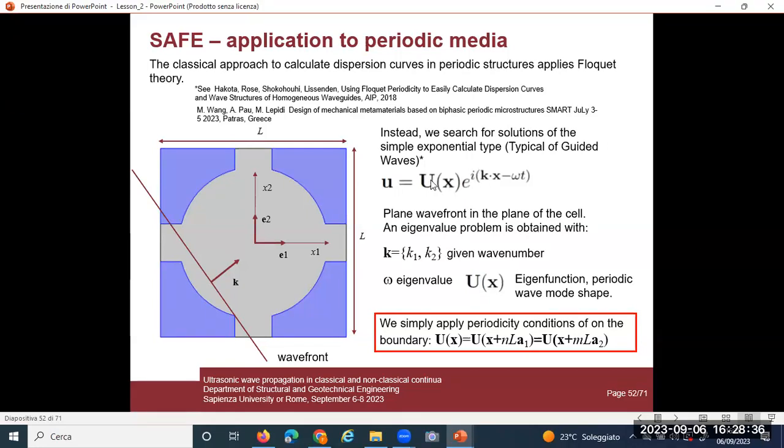We just plugged in this solution in the equations of both the solid and the fluid phase, and solved the resulting eigenvalue problem just exploiting the periodicity of the solution. We required that periodic conditions were satisfied on the boundary.